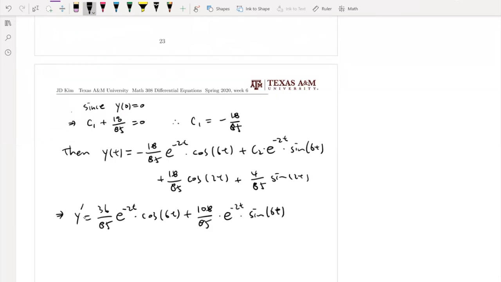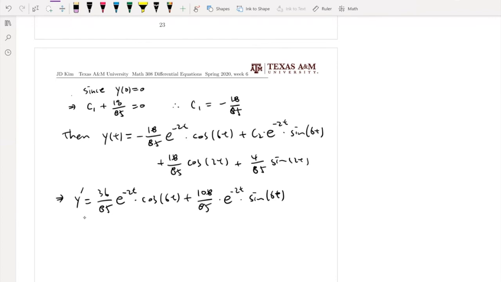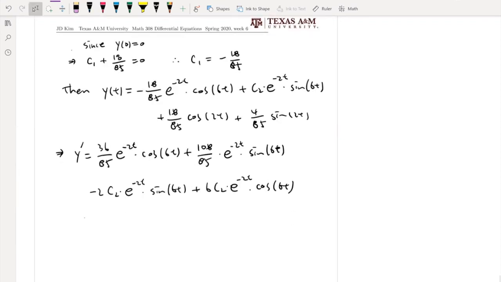I'm doing the chain rule at the same time, and now a second term, plus c2 and minus 2 c2 e to the minus 2t times sine 6t and plus 6 c2 e to the minus 2t cosine 6t. And what about the third term? And it is easy, right? Minus 36 over 85 sine 2t and plus 8 over 85 cosine 2t, right?